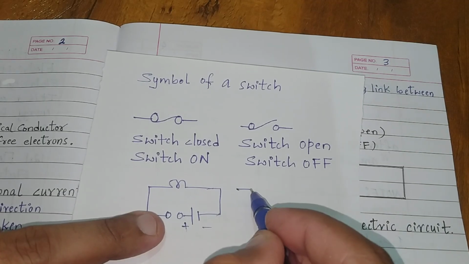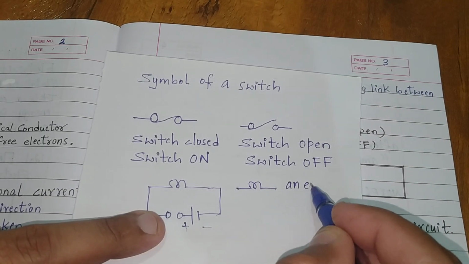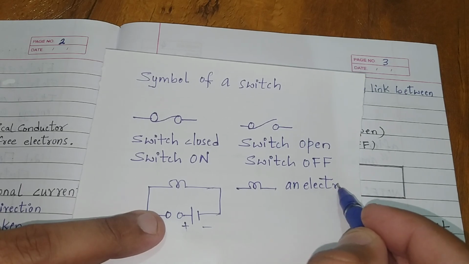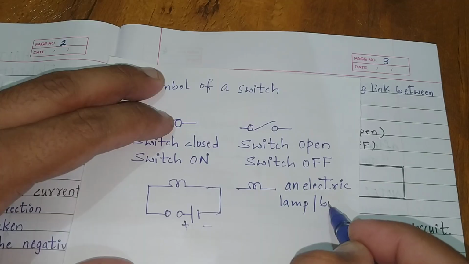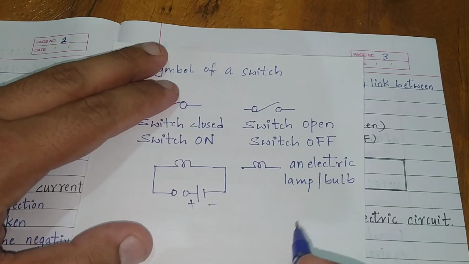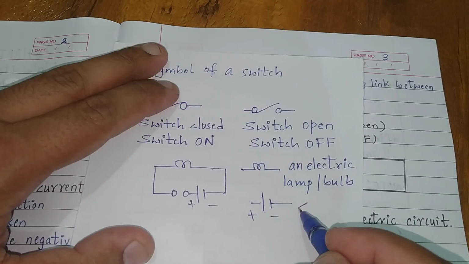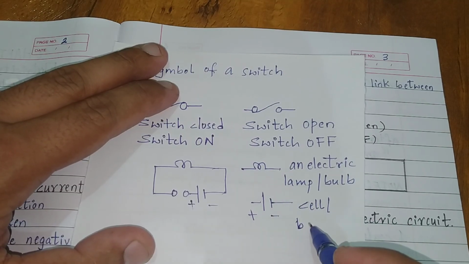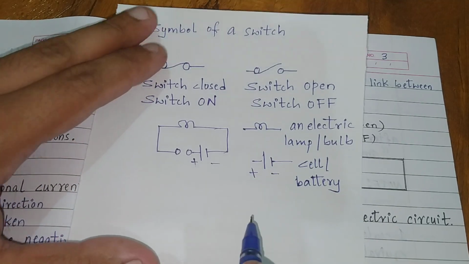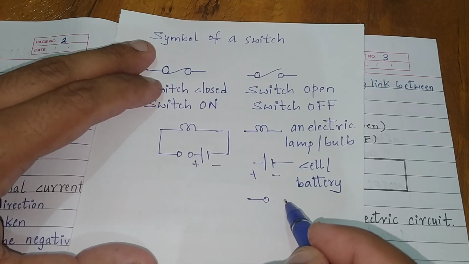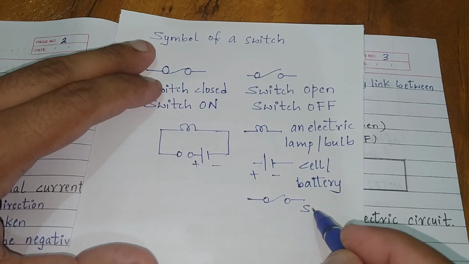Here, symbol of an electric lamp or bulb. This is symbol of cell or battery. So this is symbol of switch. Okay.